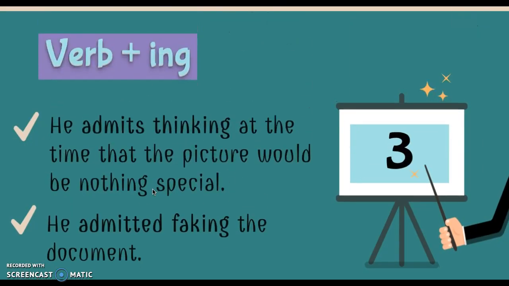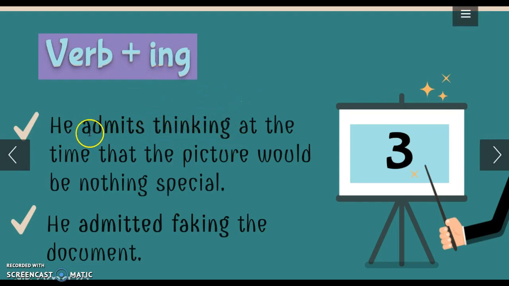Number 3, we have verb plus ing. In the example, he admits thinking at the time that the picture would be nothing special. You can see here the first verb, normally conjugated with the subject, and the last verb is with ing.